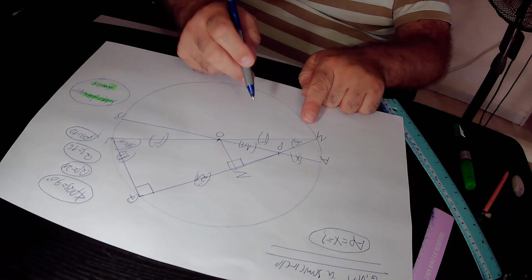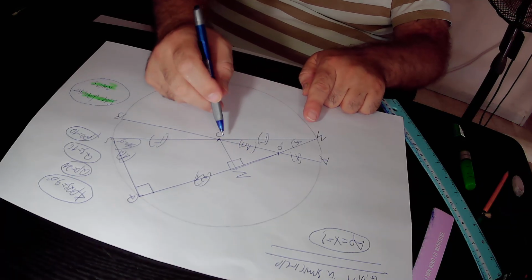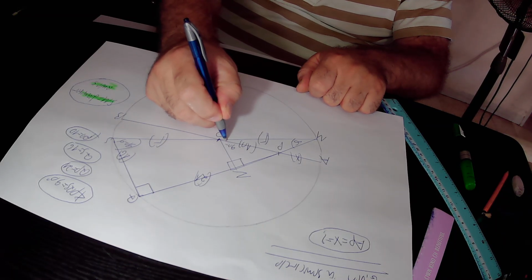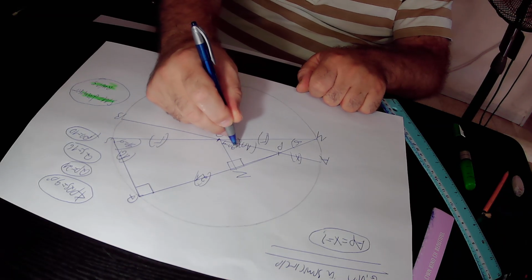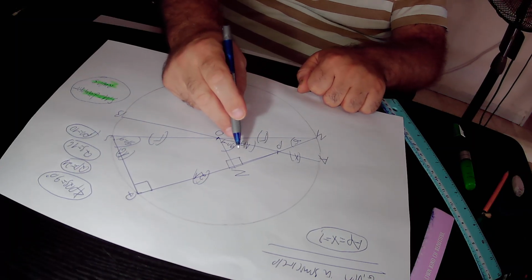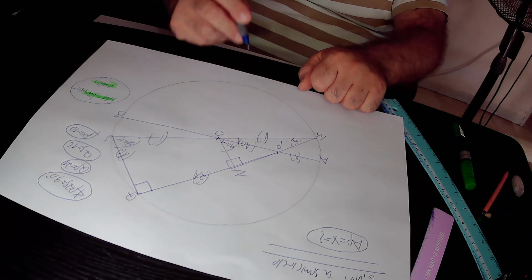So in the small right triangle NOM, this is angle alpha, this angle equals 90 degrees, and therefore this third missing angle must be equal to 90 degrees minus alpha. Why? Because 90 degrees minus alpha plus alpha is 90 degrees, and 90 degrees plus 90 degrees is equal to 180 degrees, that is the sum of the angles in a triangle.